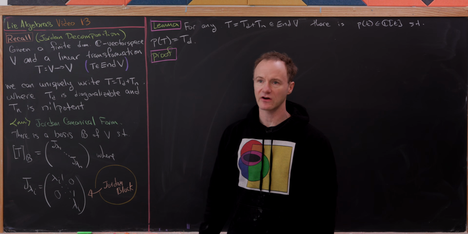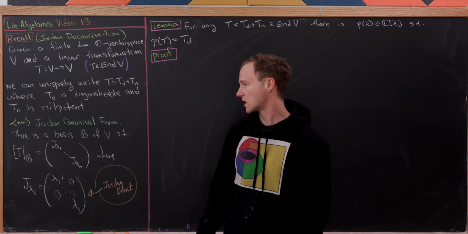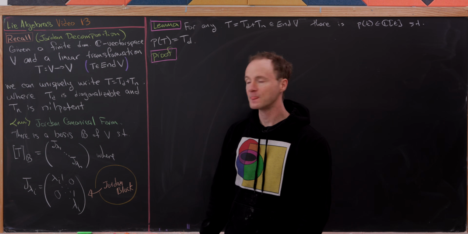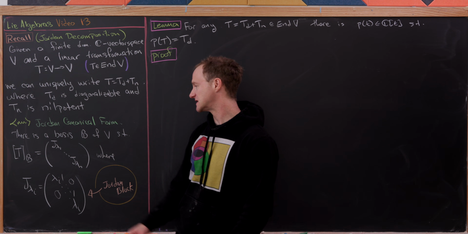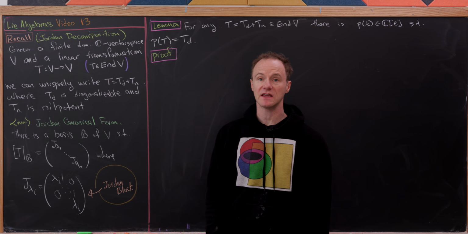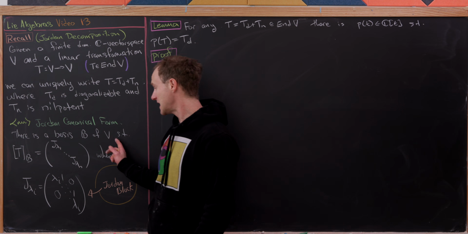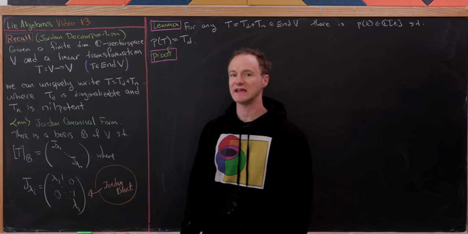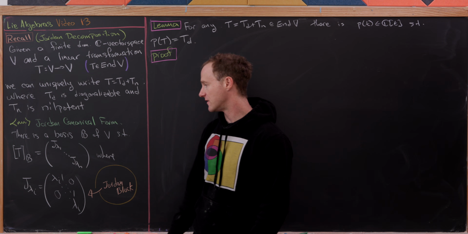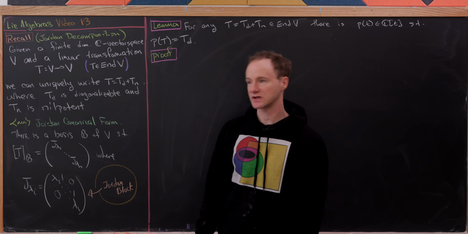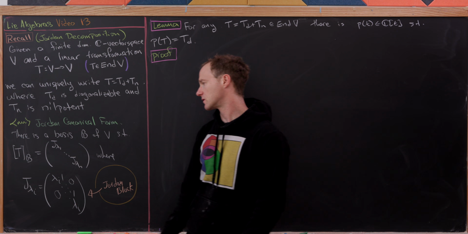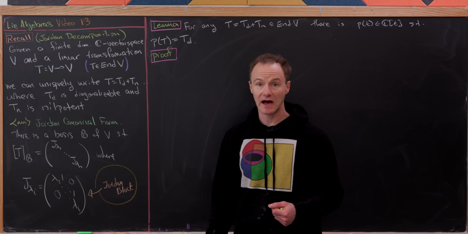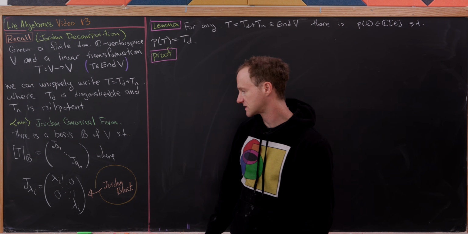Now this is very connected to the Jordan canonical form of a matrix, or really a linear operator. And that says that there is a basis B of the vector space V, so that in that basis, this linear operator or linear transformation is represented by this block diagonal matrix. I've put on the diagonal these J lambda 1 through J lambda n, and these J lambda i's are called Jordan blocks.